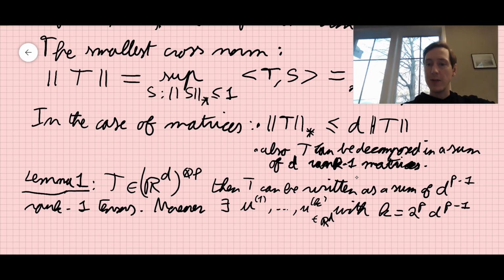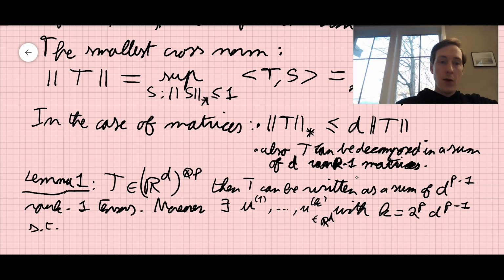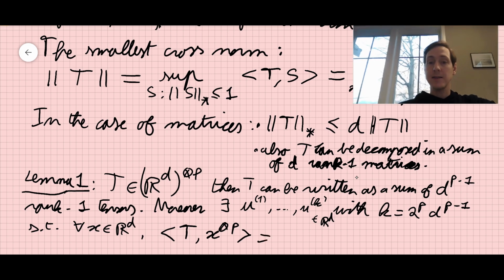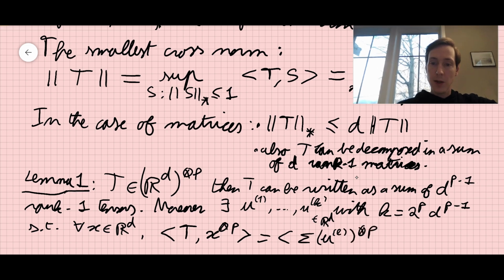So there exist K vectors like this such that for any x in R^d, the action of T on x tensor P times, the action of T on a symmetric tensor, is equal to the sum of lambda_l times u_l tensor P times, applied to x to the P.